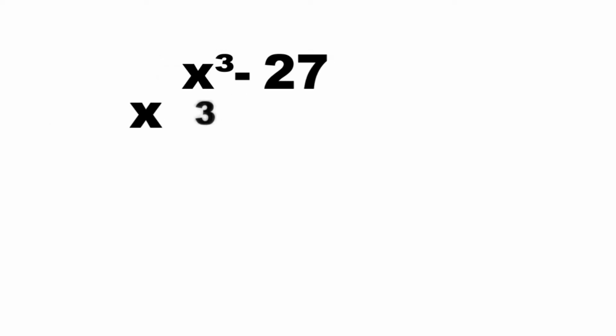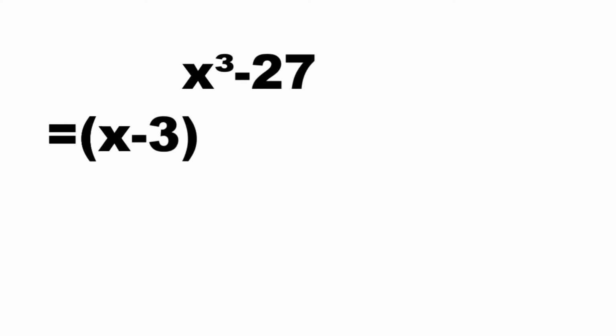So the binomial factor is x minus 3. Since this is minus, it is minus. x is the cube root of x cube, and 3 is the cube root of 27.